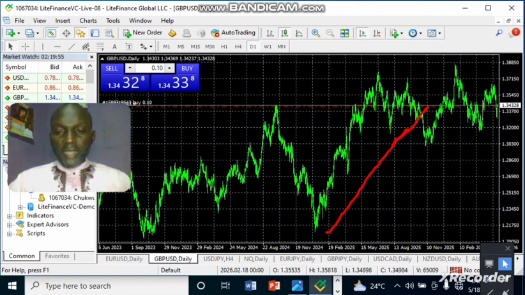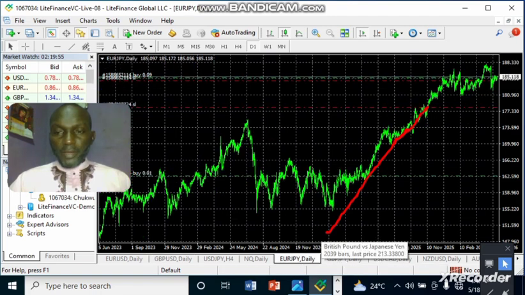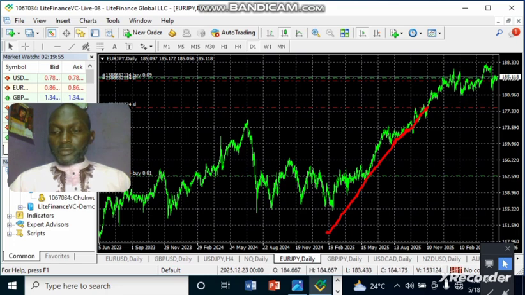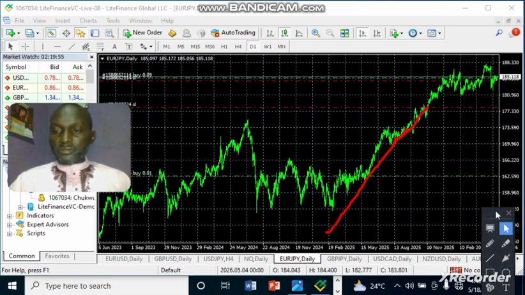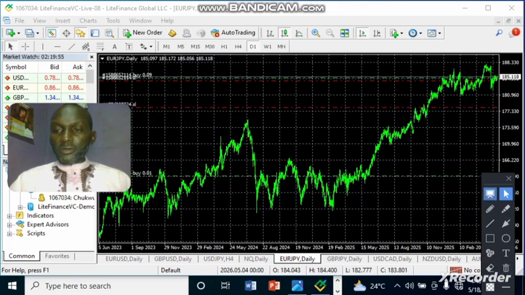Let us look at another pair that is correlated. Look at this particular one also, this is EURJPY. Okay, let's remove this. Look at EURJPY also.